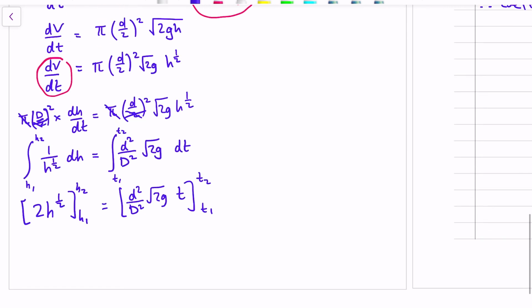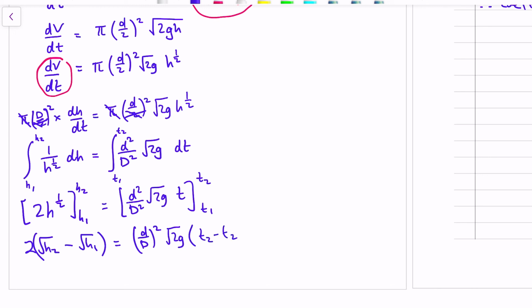And I can sub in the two different time values that we're measuring and find the two different height values at those points. So we've got 2 square root h2 minus, and that's a common factor there, minus root h1, and then little d squared over capital D squared, which I should actually write as little d over capital D all squared, because that's what the problem wants us to do, and then 2t, t2 minus t1.